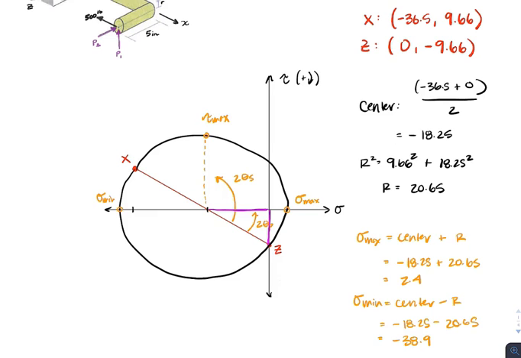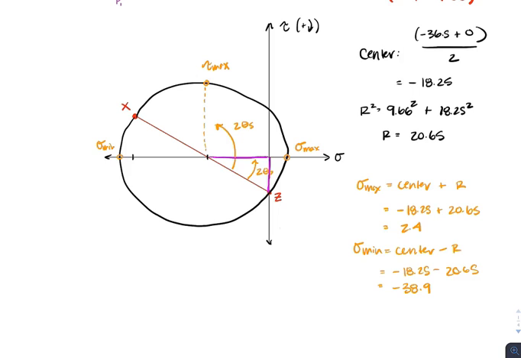Now, if we want to find what tau max is, that's just going to be equal to the radius. So our tau max, our max shear stress, is just going to be equal to 20.65. Now we're interested in finding the angle that those act over. So the first angle we want to find is this angle right here. I'll just call that theta. If we can find that angle, we can relate it to the other two angles we're interested in finding.